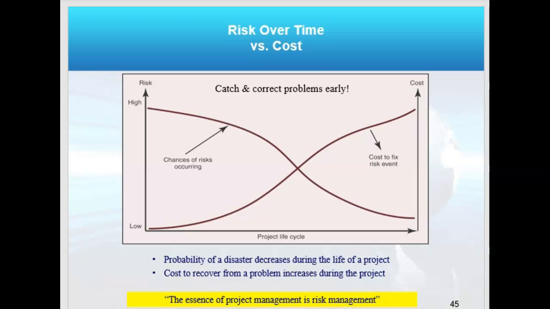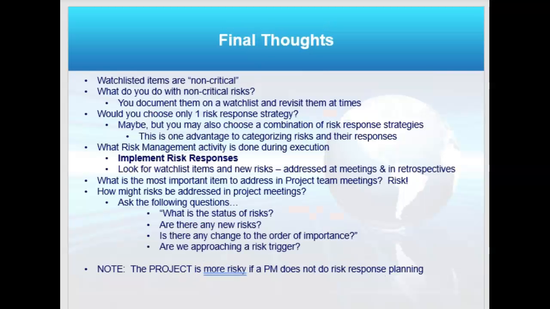But later on in the project, the costs to fix an event go up, while the chances of your risks are declining throughout the project. As you're putting mileage behind you, risks are being eliminated or reduced. But if a risk happens later, there's less of a chance of it, but if it does, it's going to be costly. This is the essence of risk management.